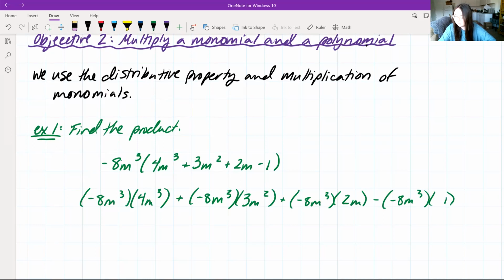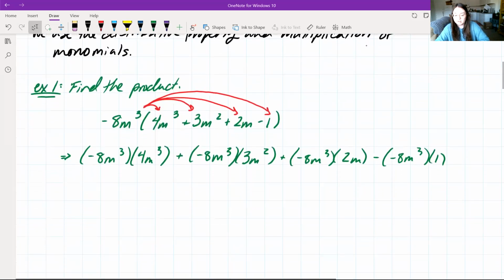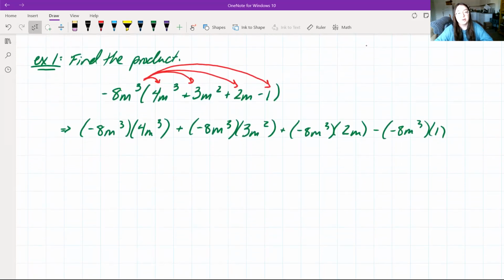Oh, sorry. It's just positive 1 in this case, since we used our subtraction symbol. So we took our monomial and now we are multiplying out and distributing this multiplication. So now we have our new equation after we've distributed.